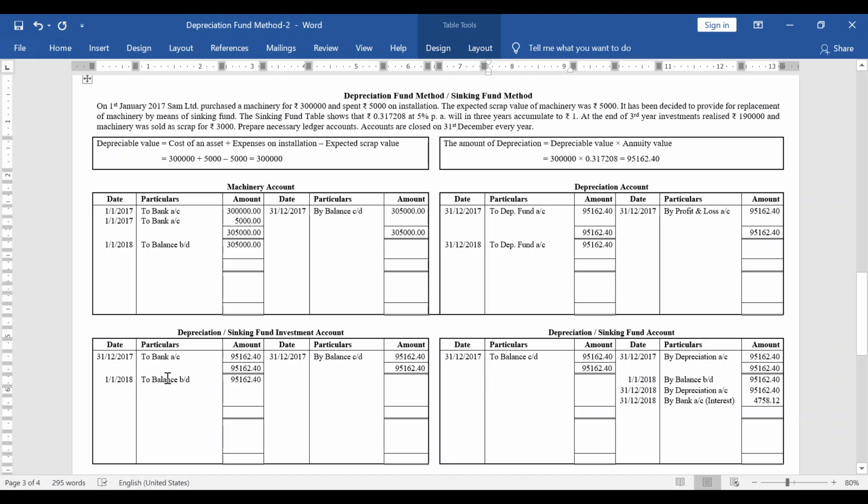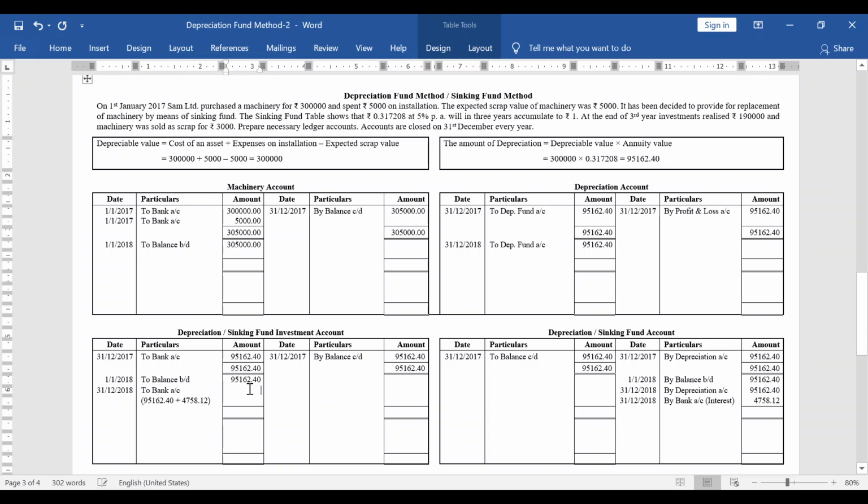The next entry is passed for investing the amount in securities. So on 31st of December 2018, the amount set aside as depreciation and the interest received for the year is invested in securities, and the entry for investing the amount is depreciation fund investment account debit to bank account, and the amount invested is equal to the amount of depreciation plus the amount received as interest, that is 95,162.40 plus 4,758.12.